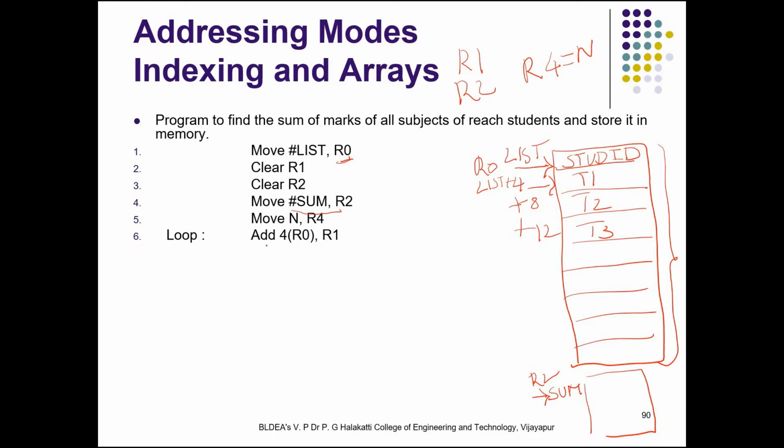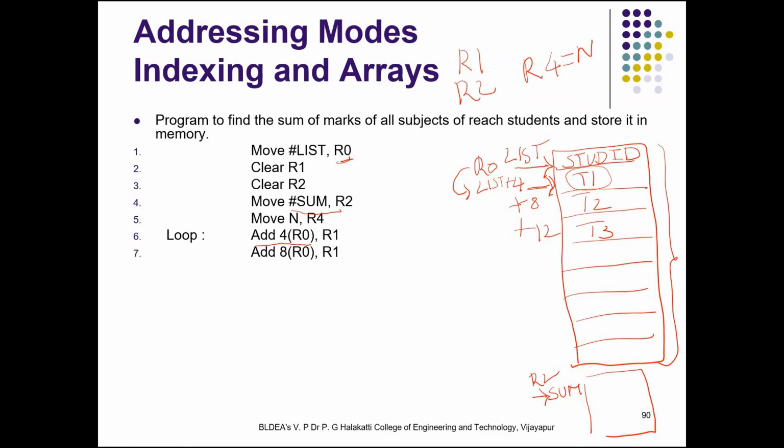So when I write add 4 R0, the content of R0 plus 4 will be used, so it points to the location where test 1 marks is stored, and that is added to the content of R1.